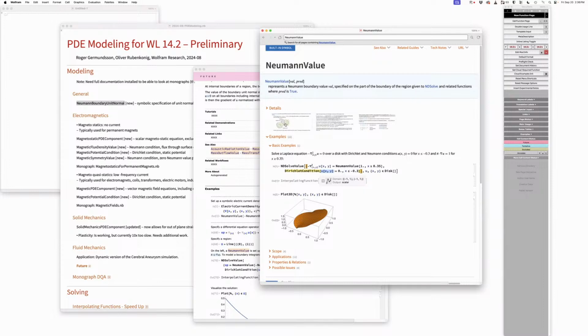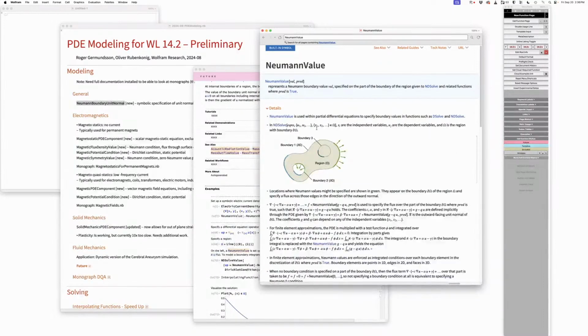If you open the details, the Neumann value has a very specific meaning in the finite element world. Well, I hope it's not finite elements, I hope it's PDEs. Yeah, but it's the implementation that this plays along with. The important point is what it means in terms of the PDE. If you look at the weak form, the PDE typically gets solved by multiplying it with a test function and doing integration by parts.